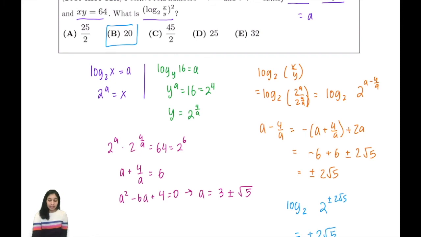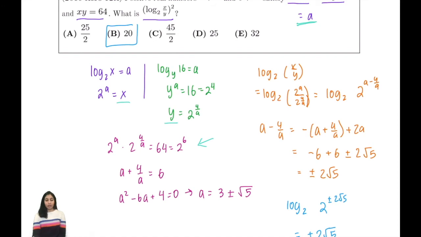So in this problem, what we did is we first did the pretty common trick of setting it equal to some variable to make the expression simpler. We expressed both x and y in terms of powers of 2 so that we could plug it into our equation that tells us that xy equals 64.